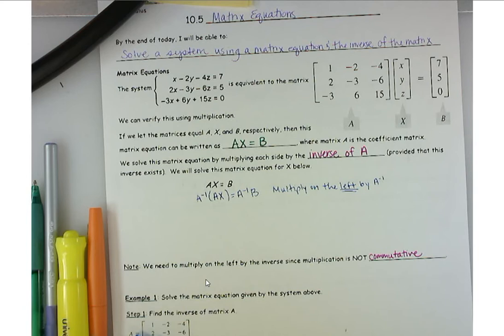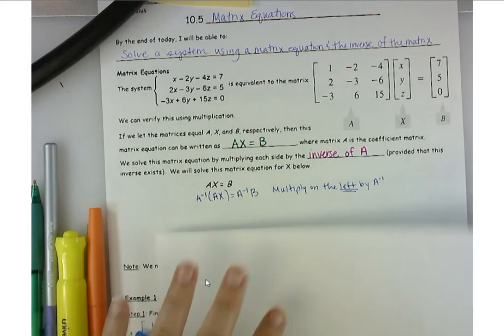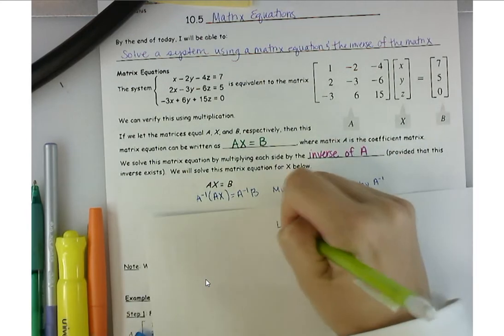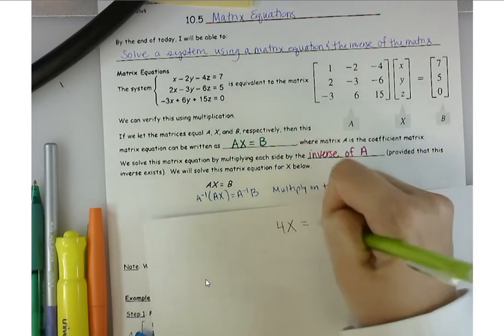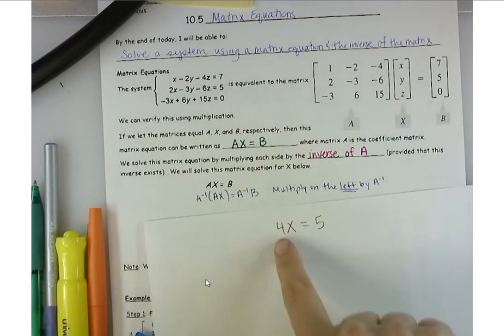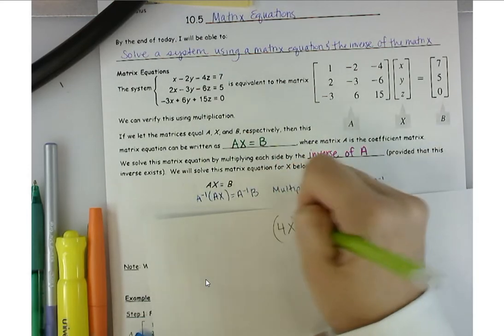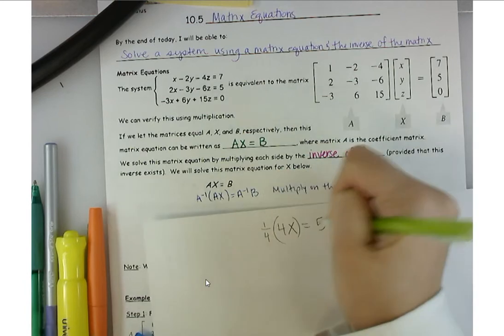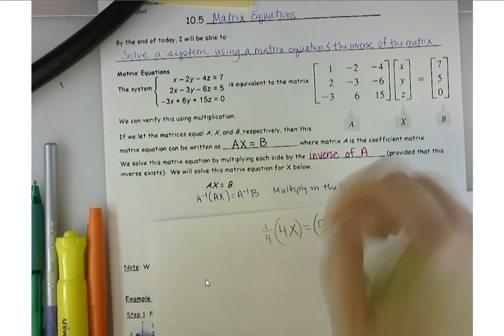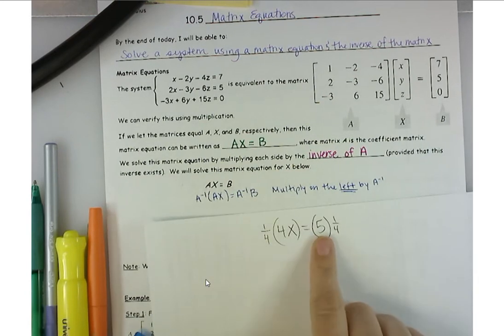Now, the reason why I stress that it has to be on the left side is because when we solve a regular equation, if we just had like 4x equals 5, and I wanted to solve that for x, I would just multiply each side by 1/4, and I could write it like this, because 5 times 1/4 is the same thing as 1/4 times 5, right?